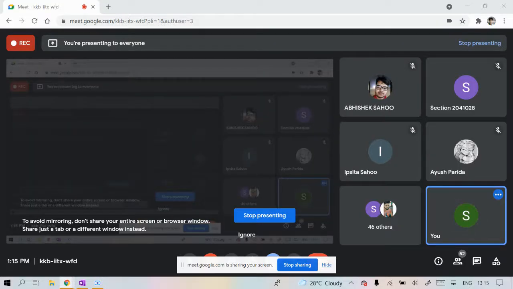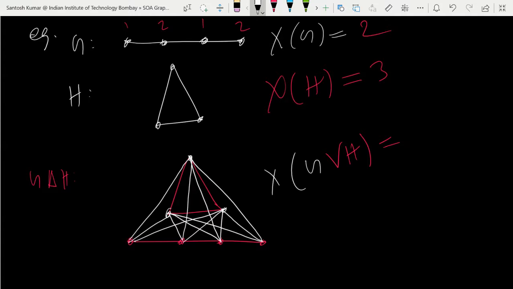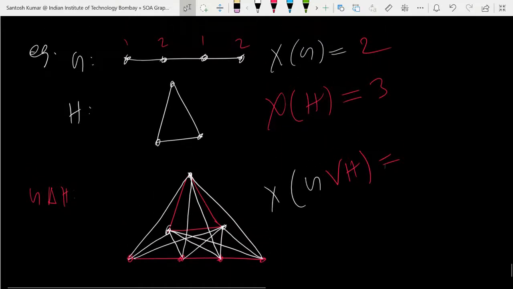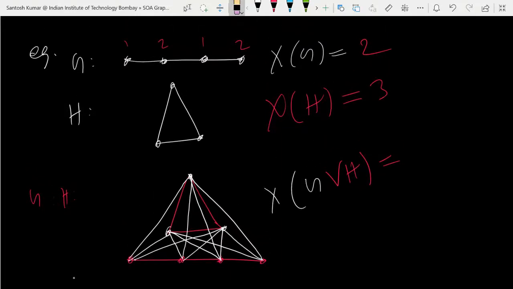Everyone try it, okay? And try to get the chromatic number of this G join H. 5.